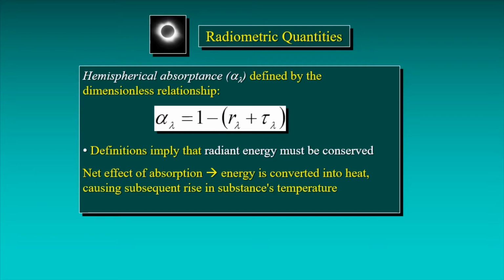And what we mean by that is that the energy is either going to be returned back by reflection, it's going to be transmitted through this type of material that we're dealing with, or is going to be transformed into some other type of energy inside of the terrain. And the net effect of absorption of radiation by most types of materials is that the energy is going to be converted into heat, which yields a subsequent rise in the temperature of a given material.